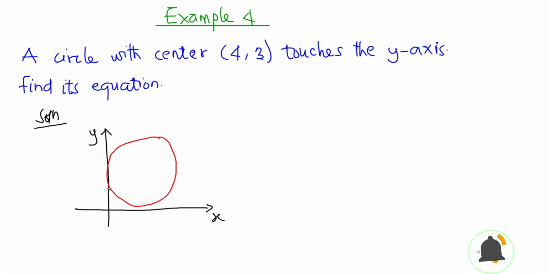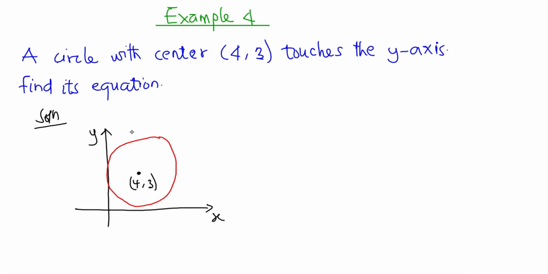Now, this circle has a center of 4, 3. So we know this to be the center of the circle. Now, you want to find the equation of a circle, but in this equation of a circle, there is no radius. So this is how we get the radius.